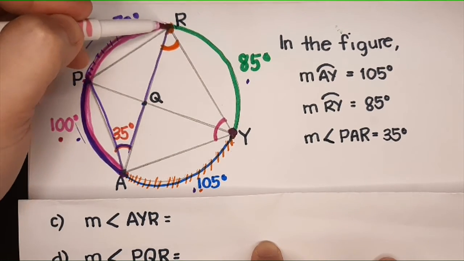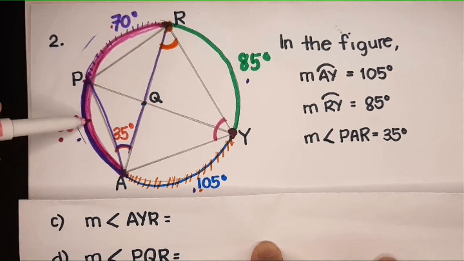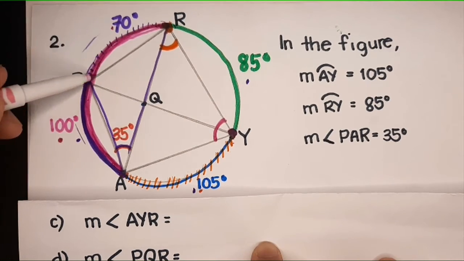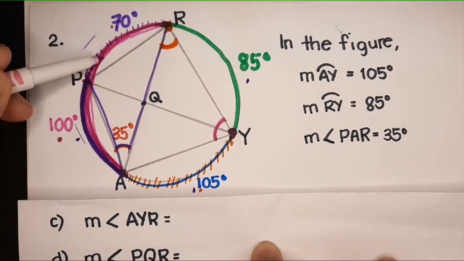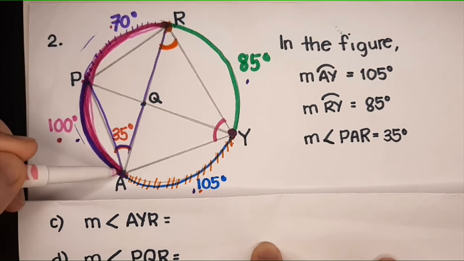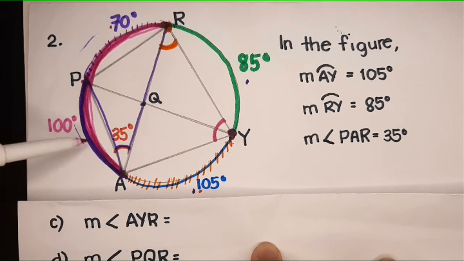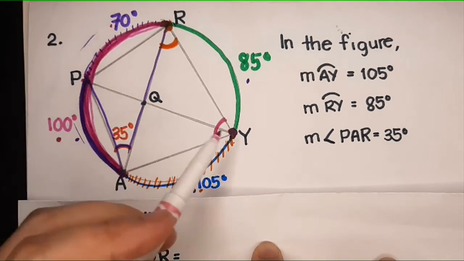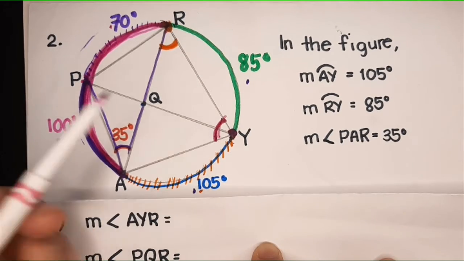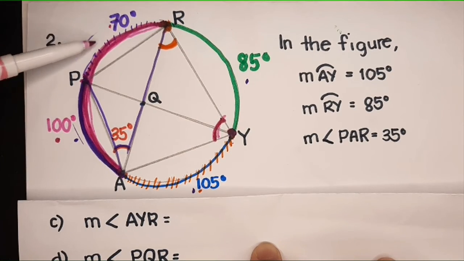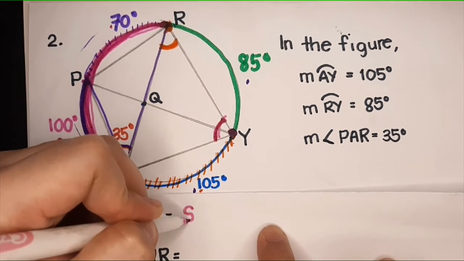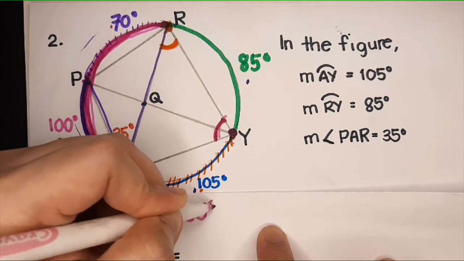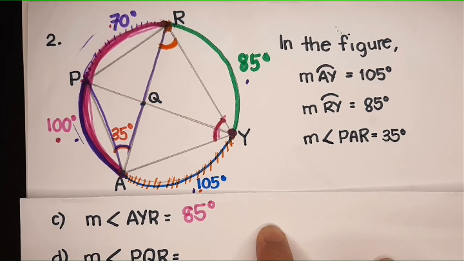So, this entire arc here, by the arc addition postulate, measures 170 degrees, right? Okay, and then to get the measure of this inscribed angle, all you have to do is to divide 170 degrees by 2. And what is the answer? 85 degrees. Okay?